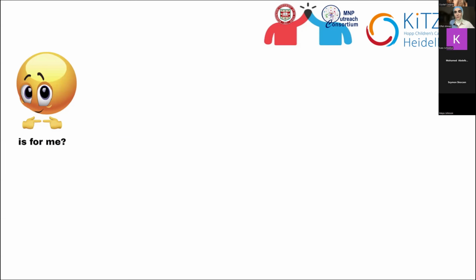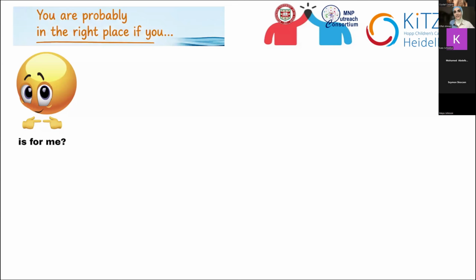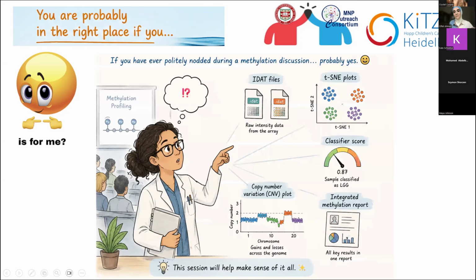So if you're wondering whether this talk targets you or not, then probably you are in the right place if you've been recently engaged in methylation discussions and you've been hearing terms like IDAT files, CpGs, t-SNE plots, copy number variations, and you're really curious to know the correct order of the process and how these steps are connected and what's really going on in the lab or in your institution.